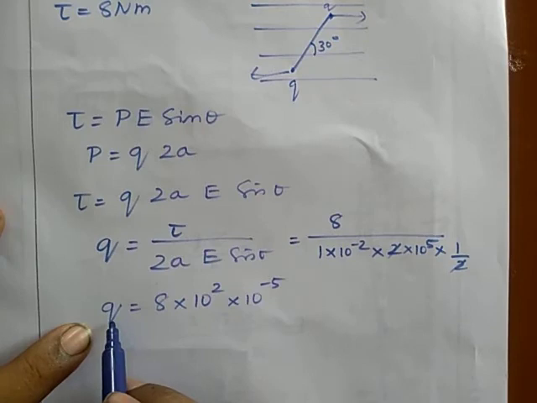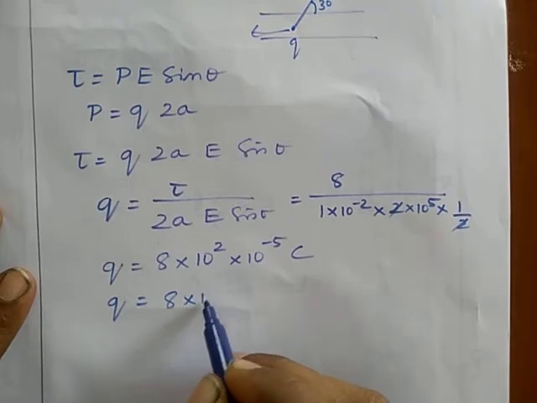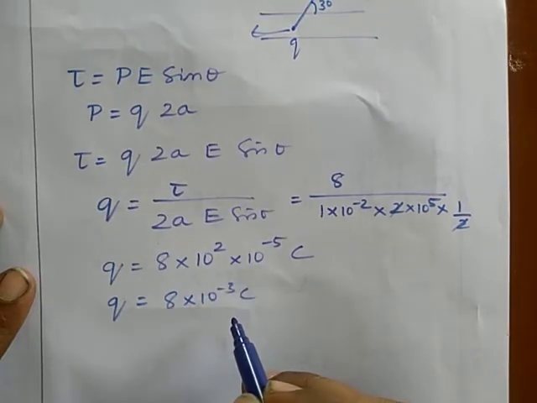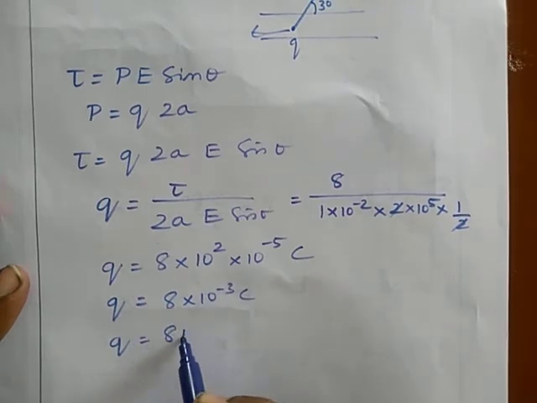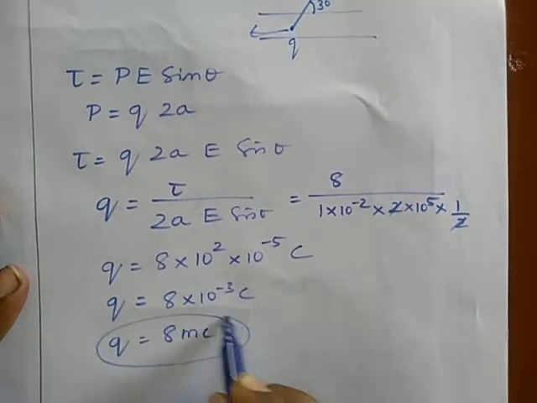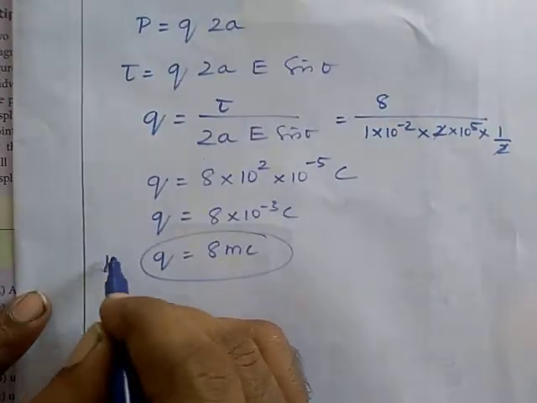The unit of charge is coulomb. Solving this, we get Q equal to 8 into 10 power minus 3 coulomb, which is 8 millicoulomb. 8 millicoulomb is the answer. Option B is the correct answer.